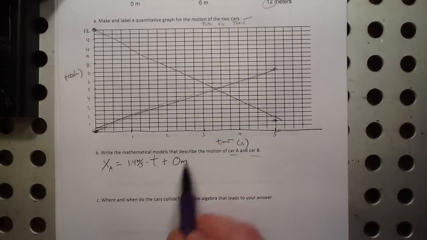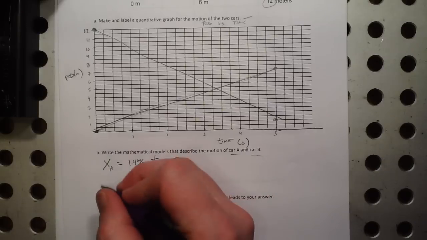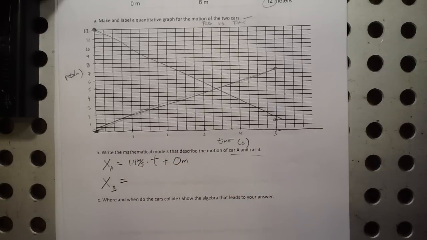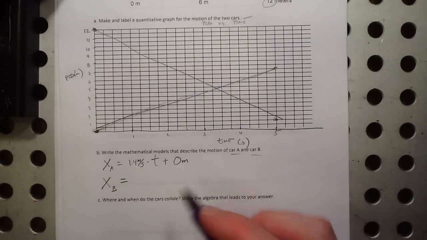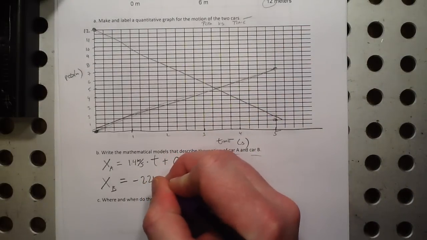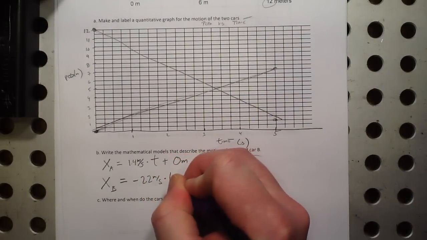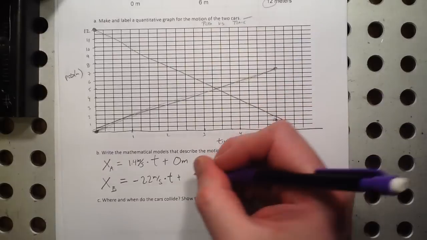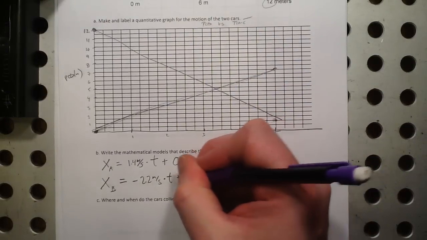You don't have to put that there if you want, but I'm just going to put it there so I can see that's the y-intercept. And then the position of car B has a negative slope of 2.2 meters per second times time plus a y-intercept of positive 12 meters.